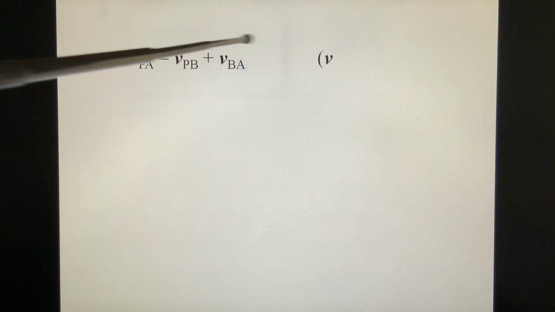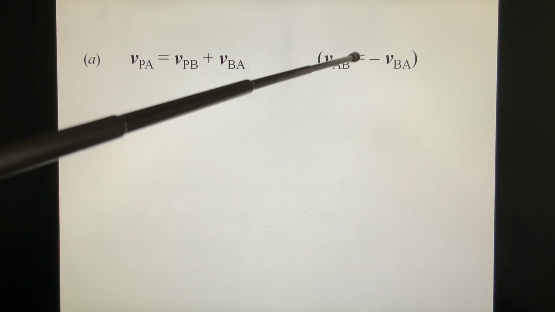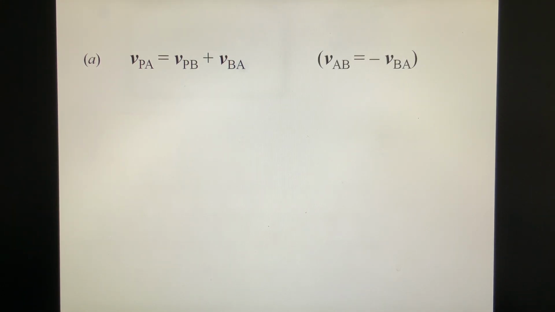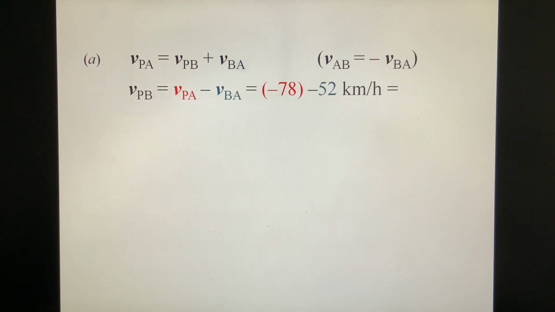Now, we do this one. We split PA into two: PA, we put the B inside. And we know that VAB equals minus VBA. What we want to find is VPB. We are given VPA and VBA.